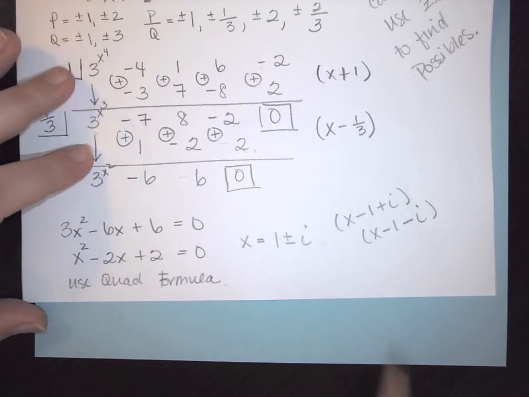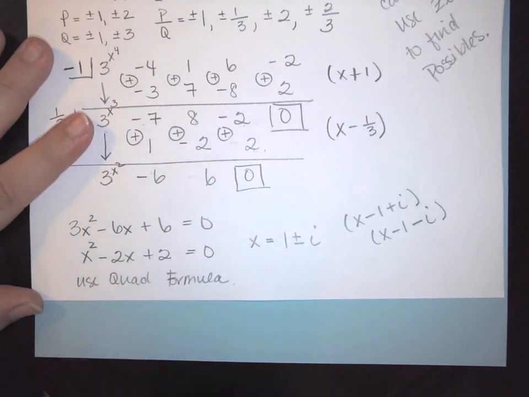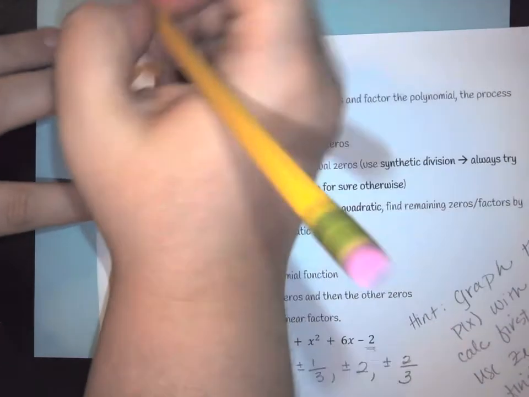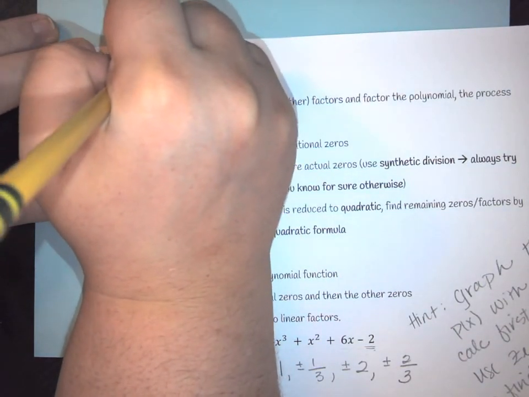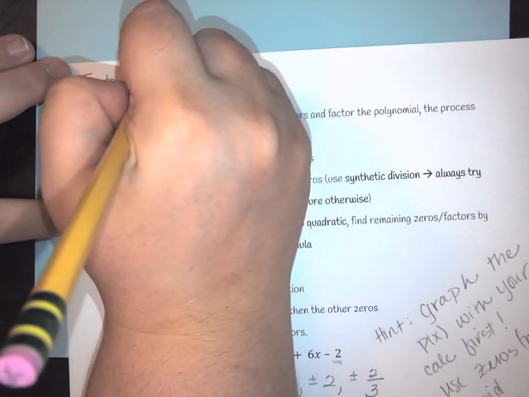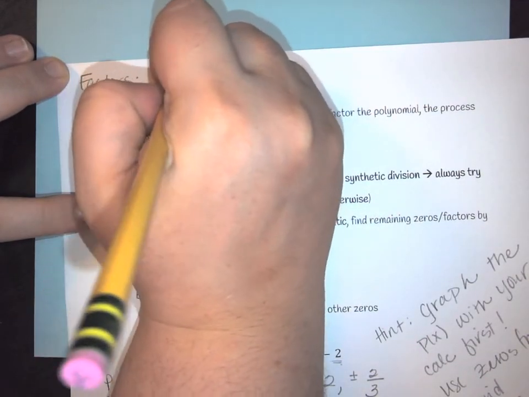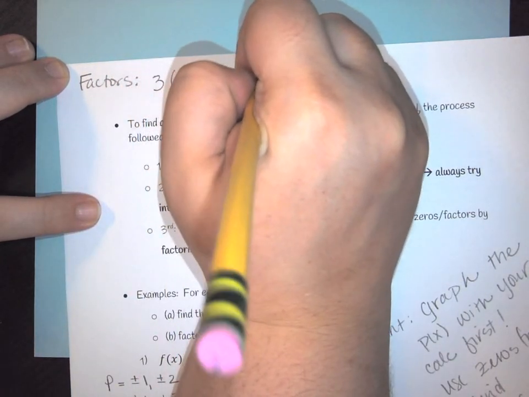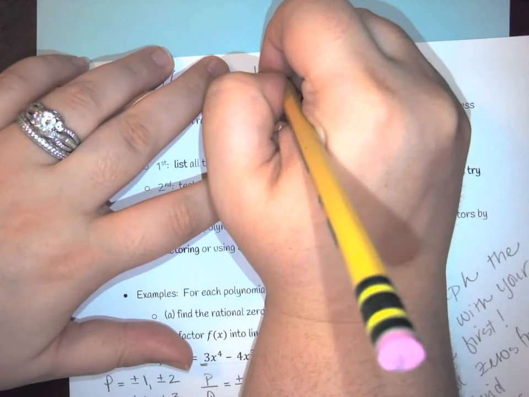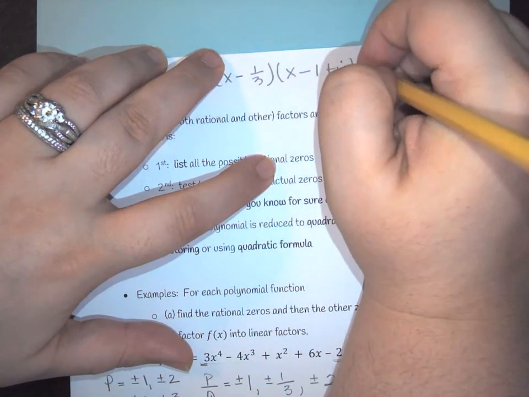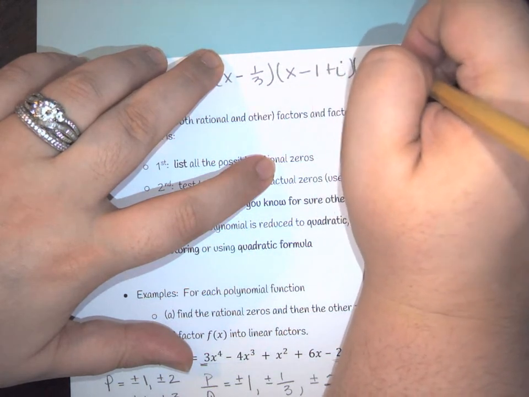Now the other thing you have to keep in mind is the fact that you divided everything by 3. So when we're talking about overall answers, we are talking about the fact that we have factors, and those factors are 3 times x plus 1 times x minus a third times x minus 1 plus i times x minus 1 minus i.